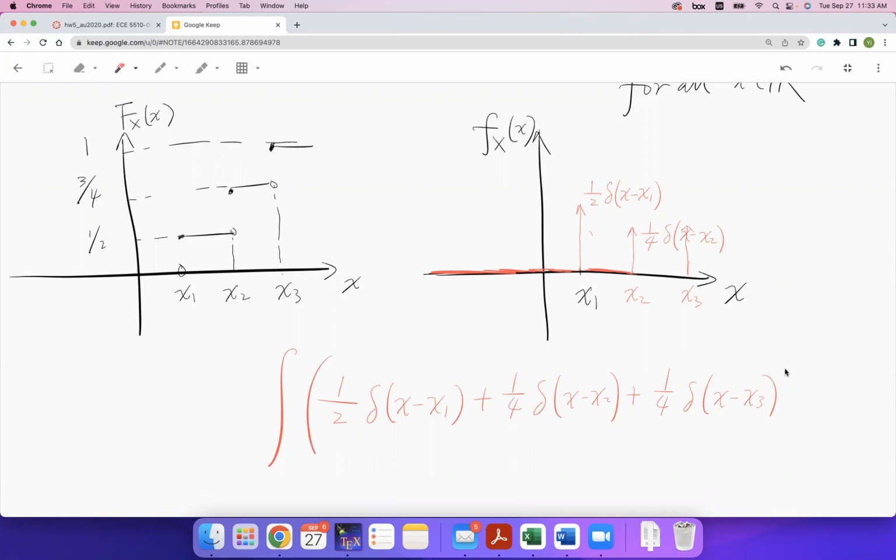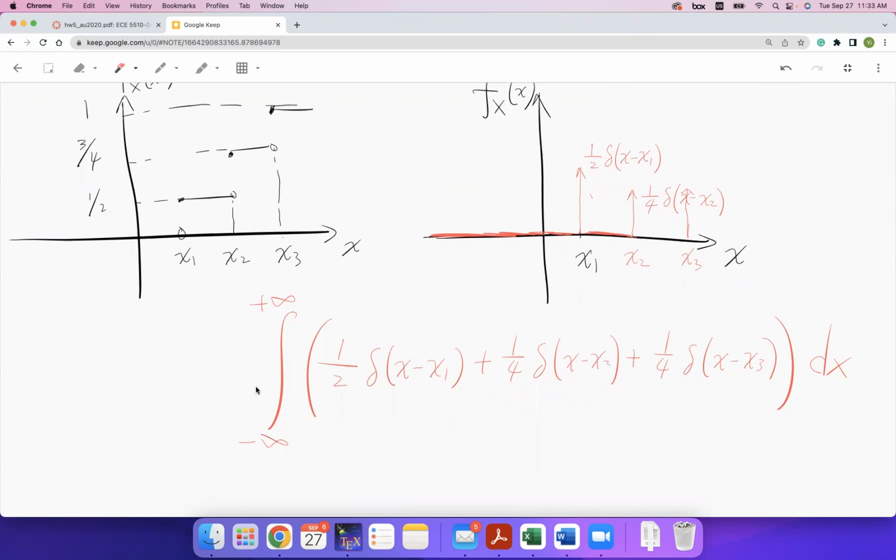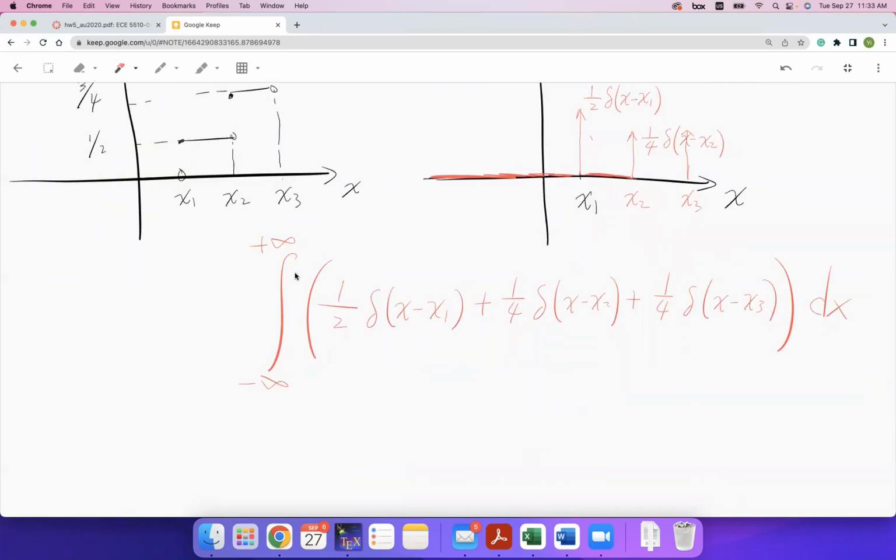This is the PDF, integrating it over the entire domain. Because X covers the entire real line, we can evaluate the integration of each impulse individually. Every integration over the impulse will be 1, and they are scaled by different coefficients. So in the end, it's basically the sum of the coefficients, which equals 1.